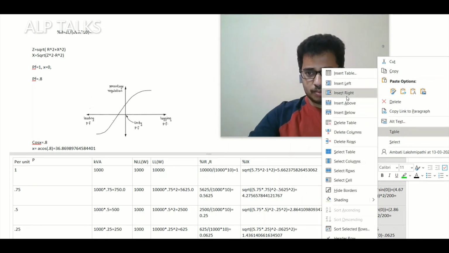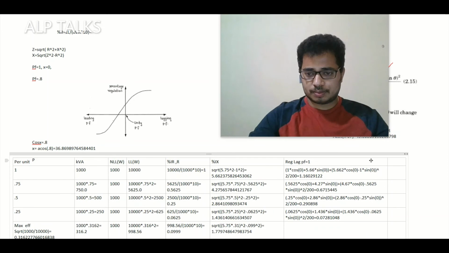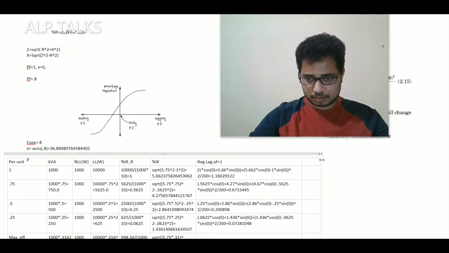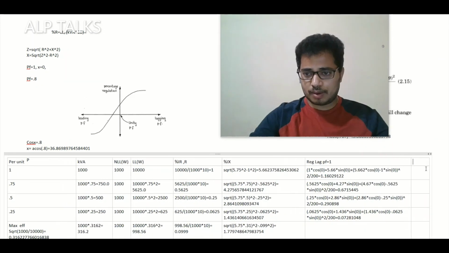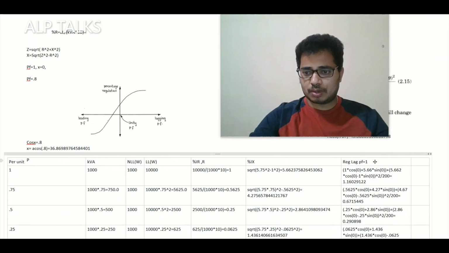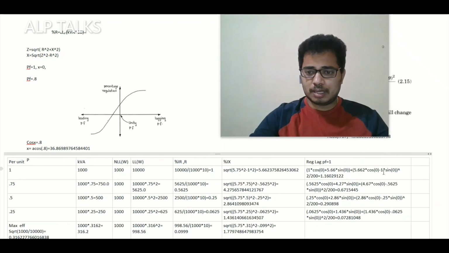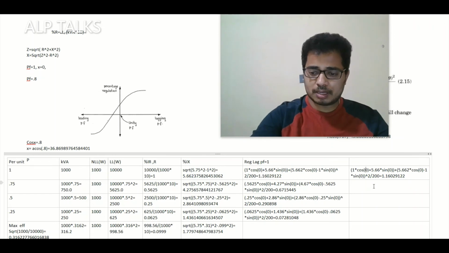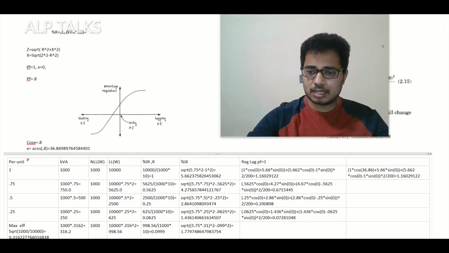So for example, if you have other power factor, then how to calculate it? Similar way we can calculate for other power factor also. Only thing is, instead of cos 0 we will get 36.86. So simply I am replacing with 36.86.